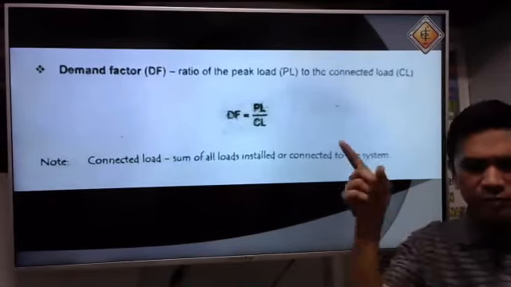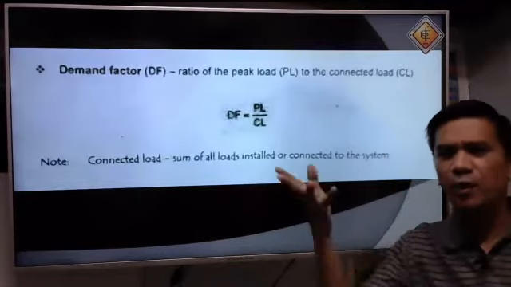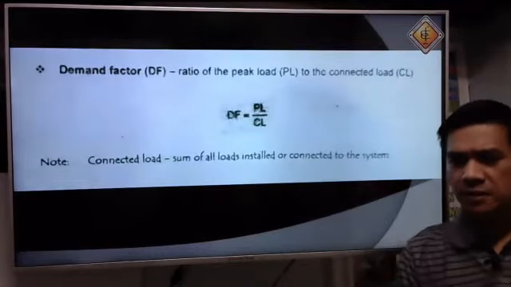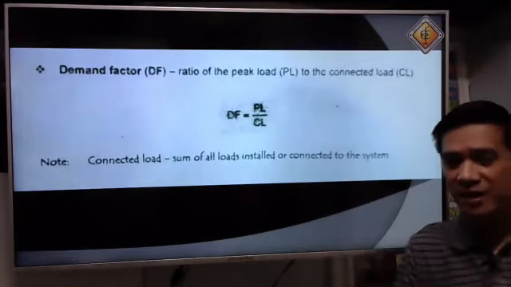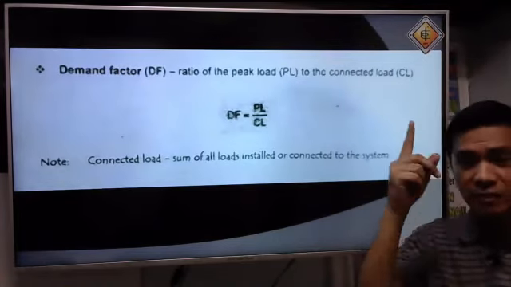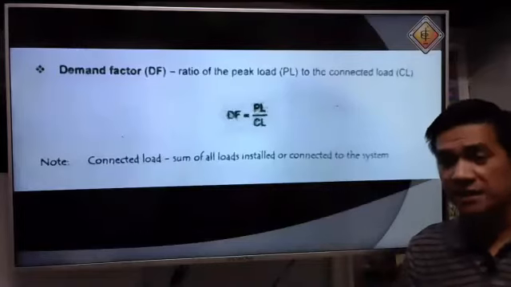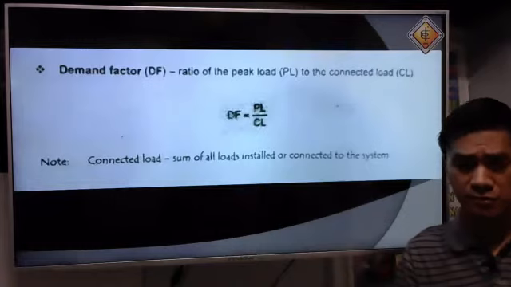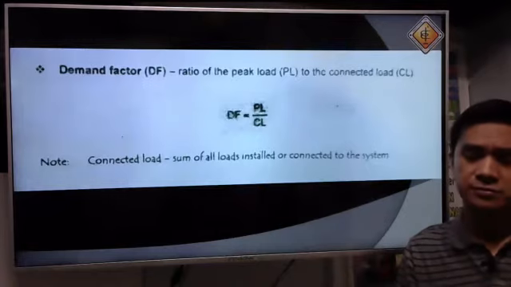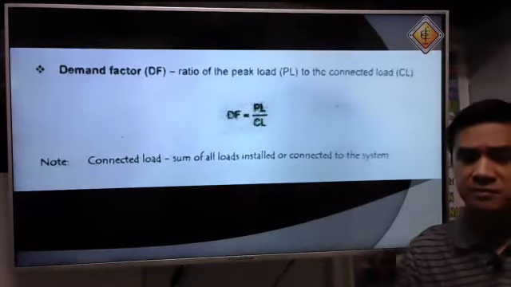So maybe you can have a 0.6, 0.7, 0.8 multiplier. The purpose is to reduce the size of the wire. It is cheaper, a smaller wire, thereby also reducing the size of the circuit breaker. There are designers doing that, introducing a demand factor in electrical design.